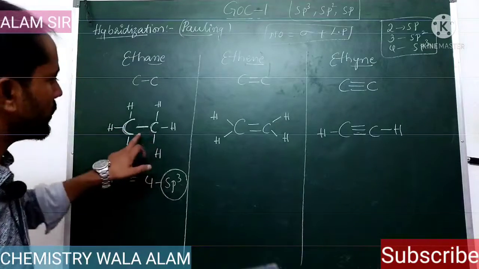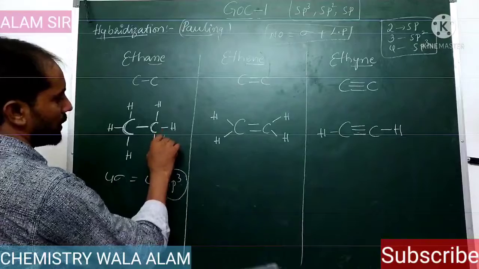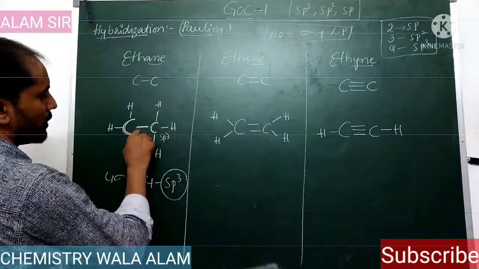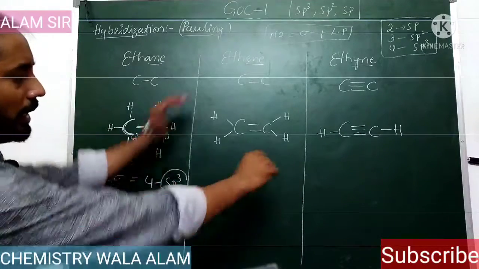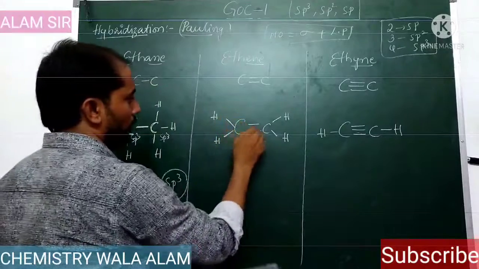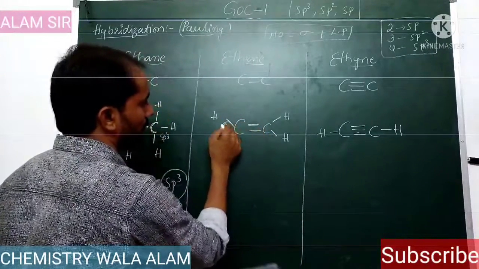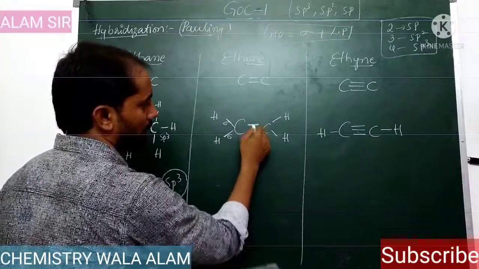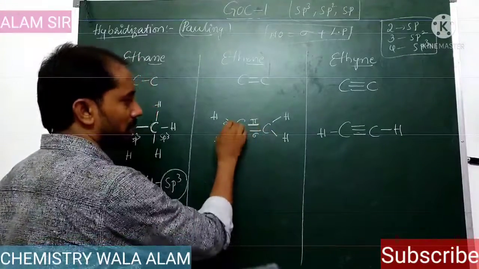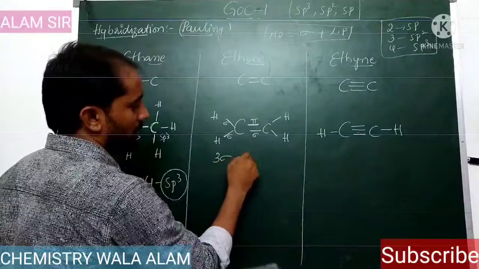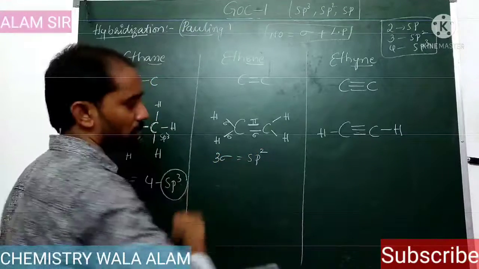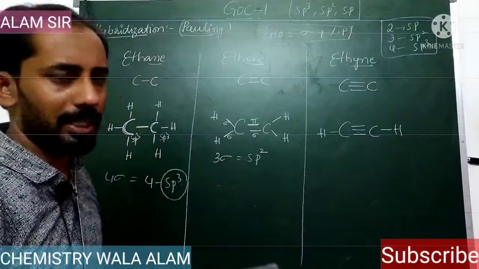So this is also sp3, and this is also sp3. In the next one there are 1, 2, 3, 4 bonds, but of those, single bonds are sigma, and a double bond is one sigma and one pi. So how many sigma bonds? 3 sigma, which is nothing but sp2.